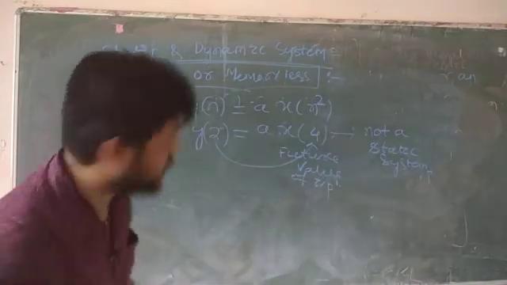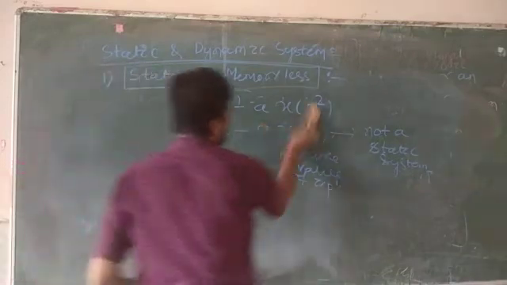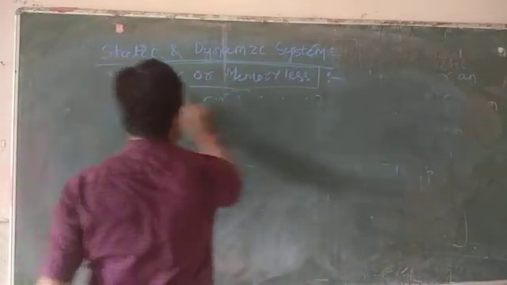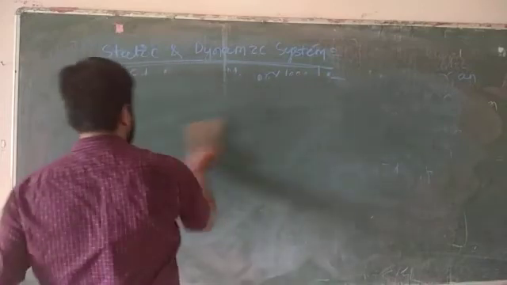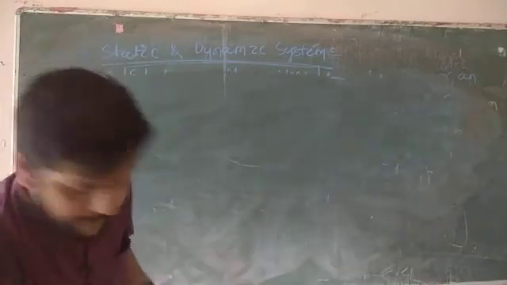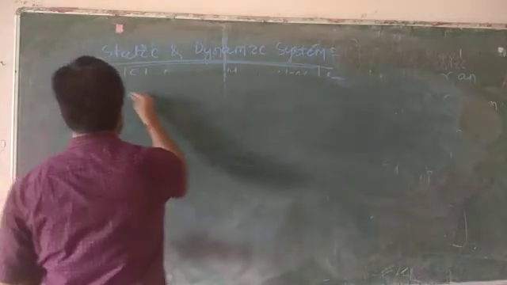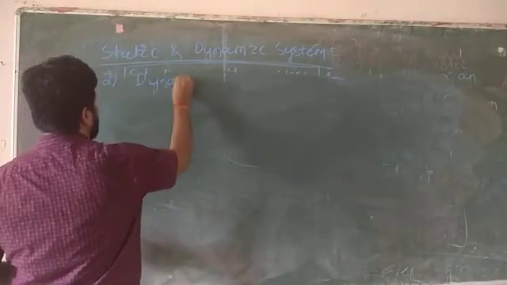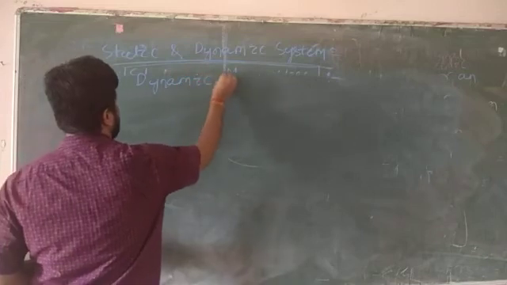Then I will write a definition of a dynamic system. Any system which is not static is known as a dynamic system. A dynamic system has some memory.